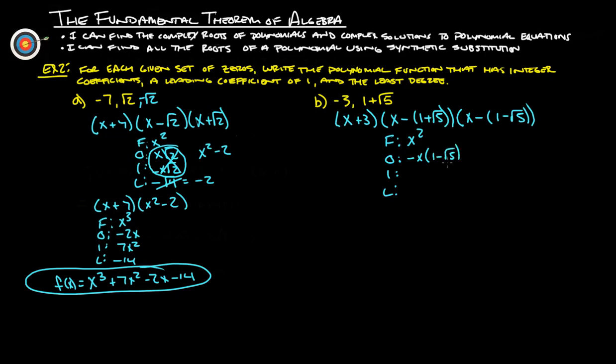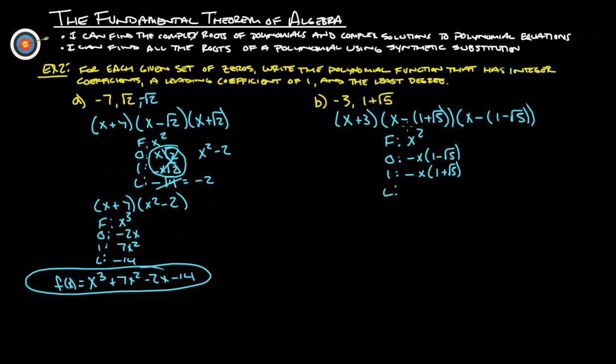Let's write it that way. I think that'll make a little bit more sense. And then inside is negative 1 plus root 5 times x. So that's negative x times 1 plus root 5.